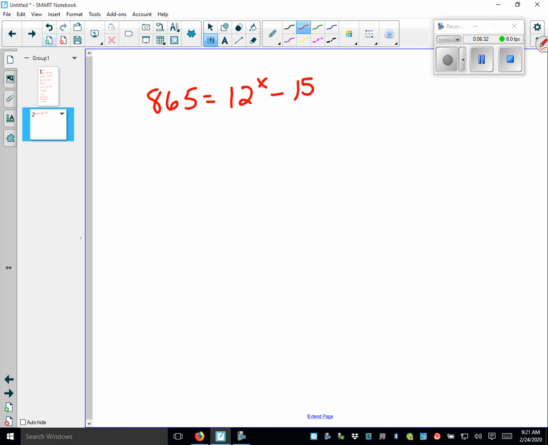What do I do with this? Add 15 to both sides? So 880 equals 12 to the x. Now what? Log: log 880 equals x log 12.